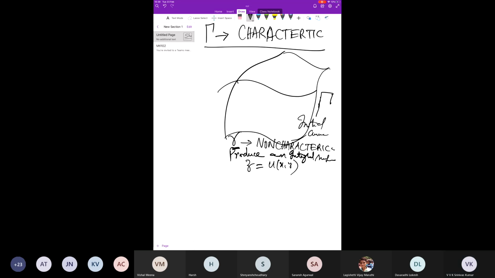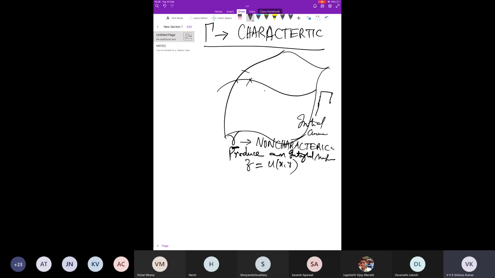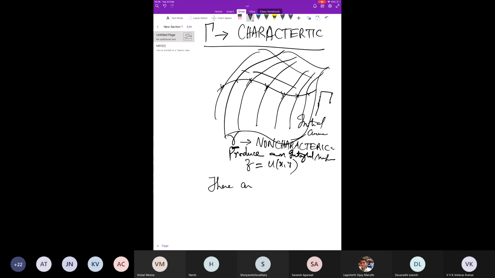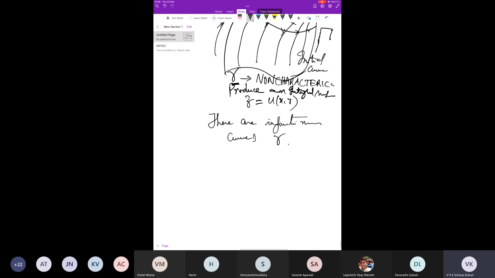Like that, take various points of intersection. For every point of intersection, you can get a small gamma and produce the surfaces. So there are infinitely many curves, small gammas, and for each gamma you have a solution.